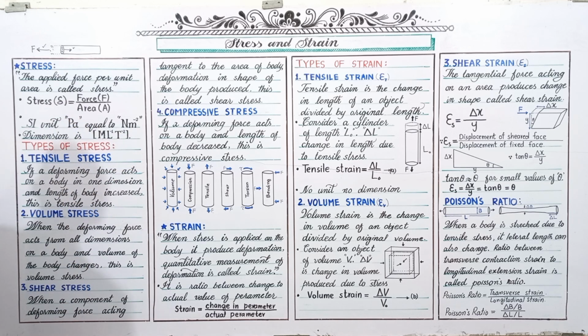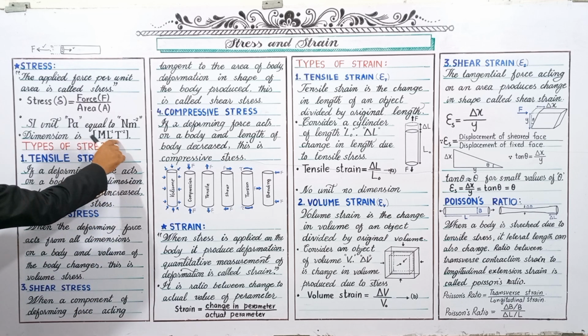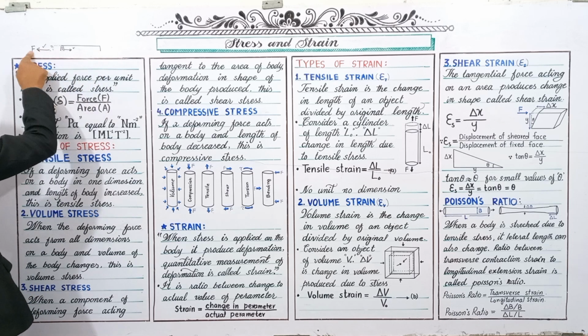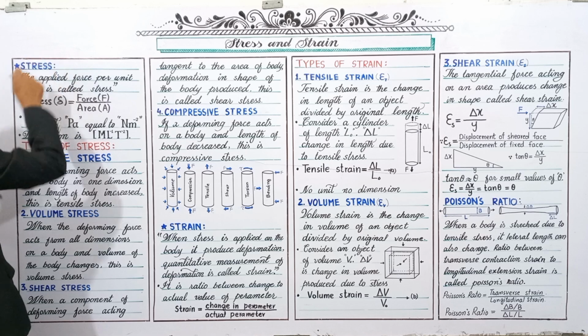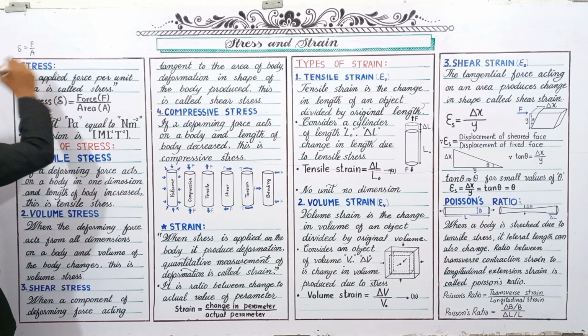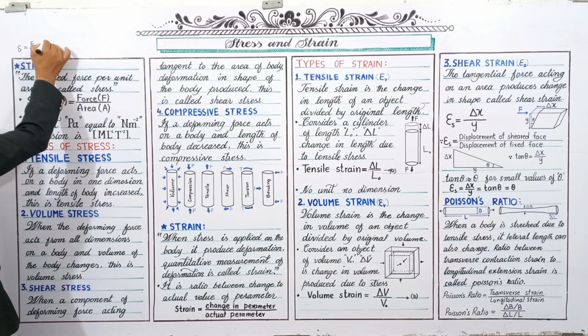Okay, the dimension of stress is M L power minus 1 T power minus 2. How can you find the dimension? We have the formula of stress equals force upon area. What is the unit of force? Newton.